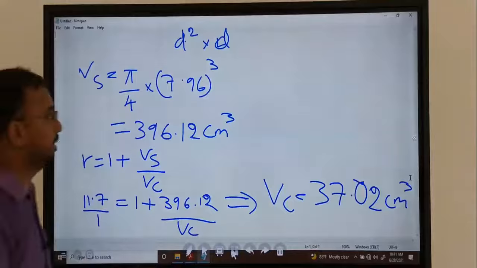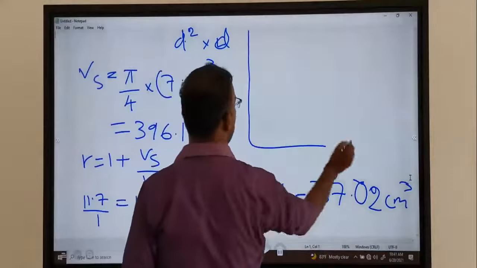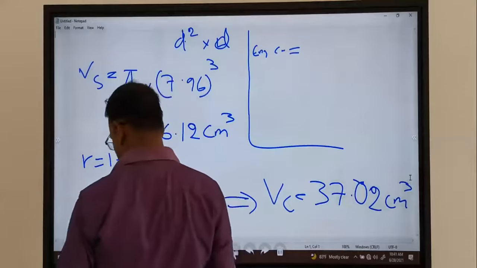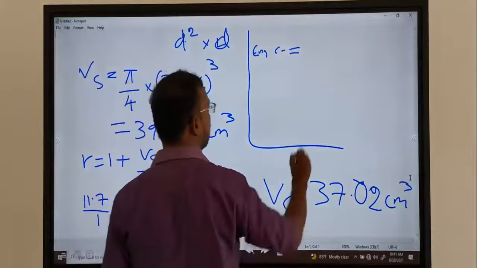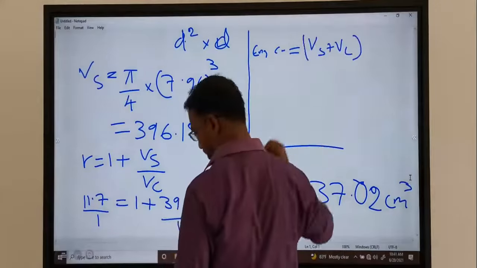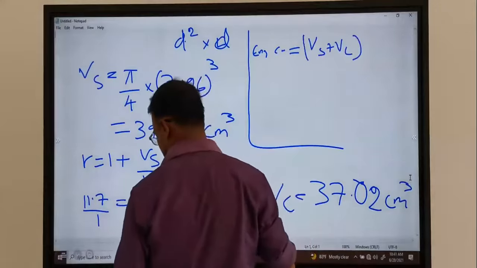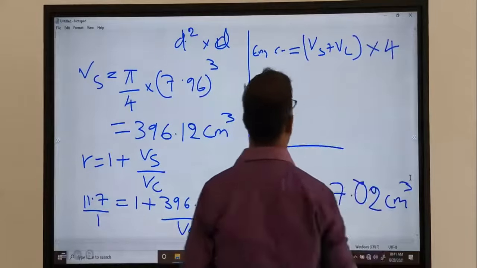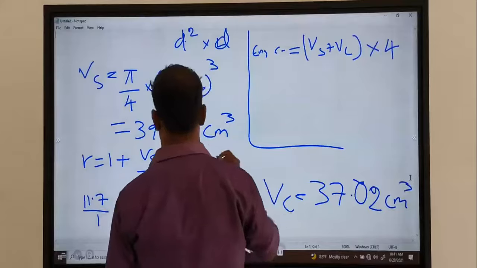So now engine capacity. The engine capacity is Vs plus Vc, and it is a four cylinder engine. So multiply by 4 cylinders.